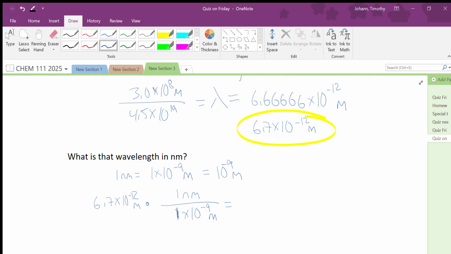All right, so I've got 6.7 times 10 to the negative 12 divided by 1E9. I said times 10, but I was using my E key automatically. And I'm looking at my answer trying to decide whether it was right or not.